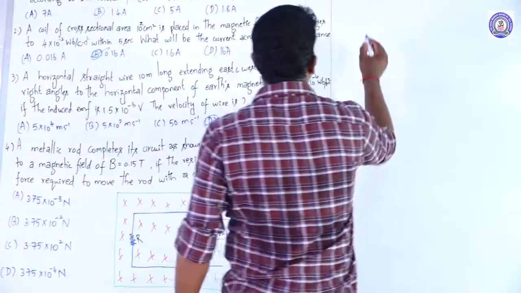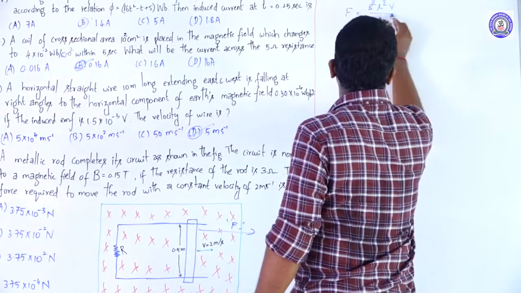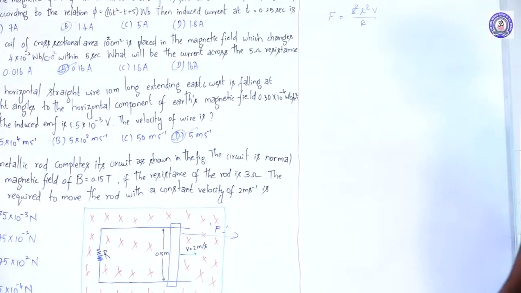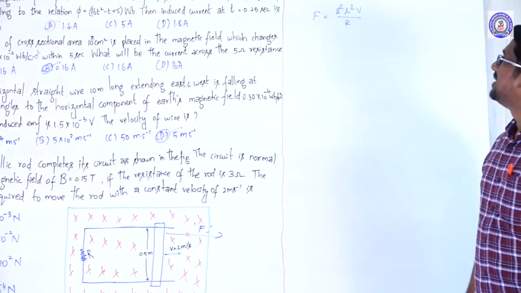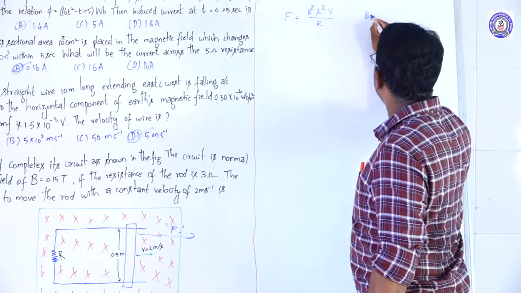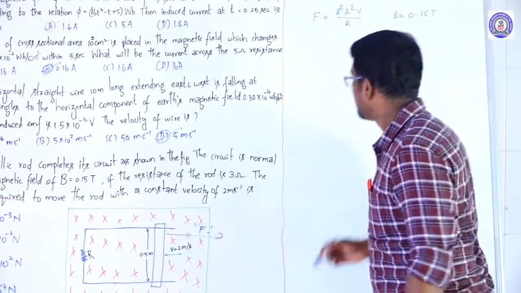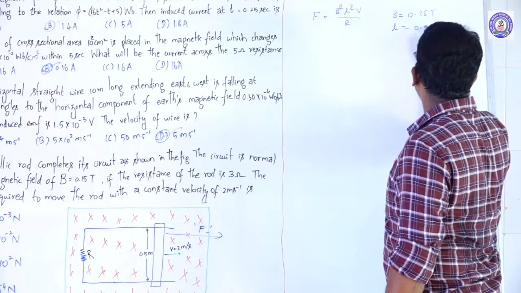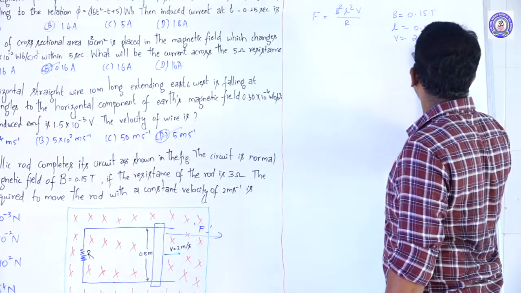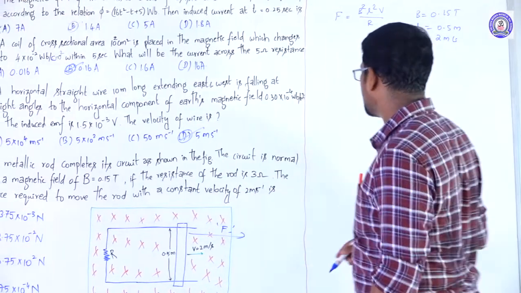Right? We know the formula for this question: F is equal to B square L square V divided by R. The force required to move the rod or circuit from the magnetic field is given by the formula F equal to B square L square V divided by R. Right? Write the given values: B is 0.15 Tesla, the length of the rod is 0.5 meter, the velocity of the rod is 2 meter per second, and the resistance of the circuit is 3 ohm.